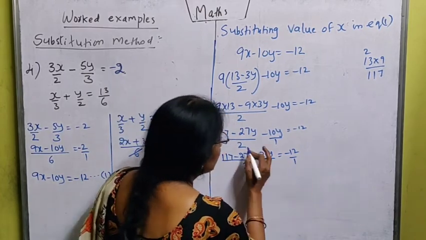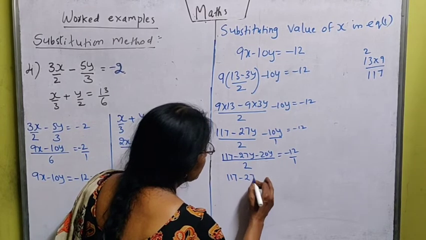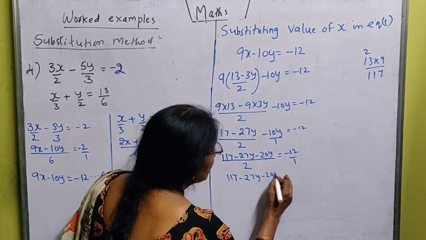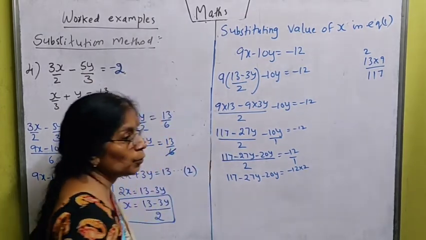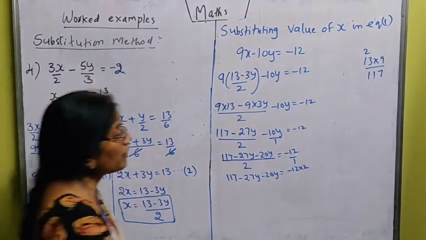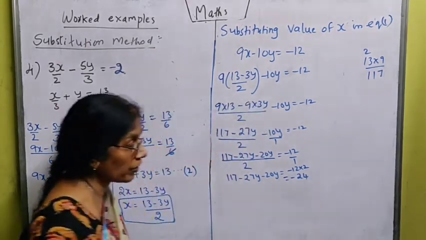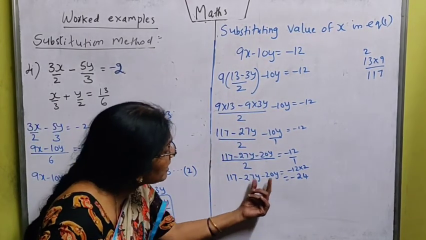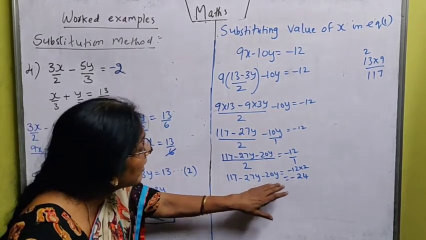Here also nothing is there, means what you do? Cross multiply. So 117 minus 27y minus 20y is equal to minus 12 into 2. What will you get for minus 12 into 2? It will be equal to minus 24. Now, minus 27y and minus 20y both have the same variable.